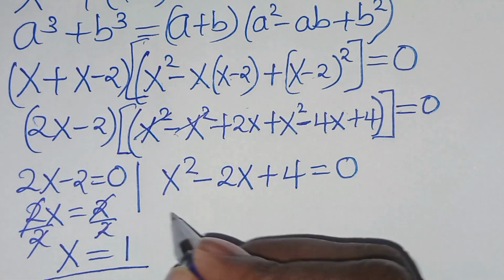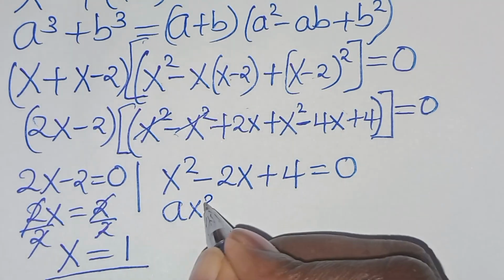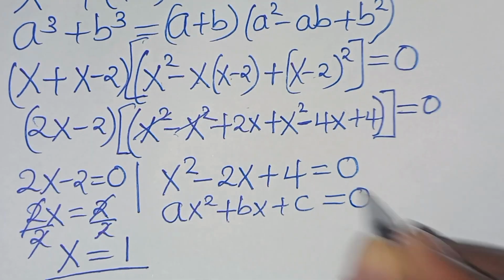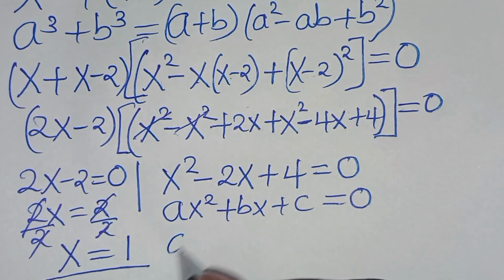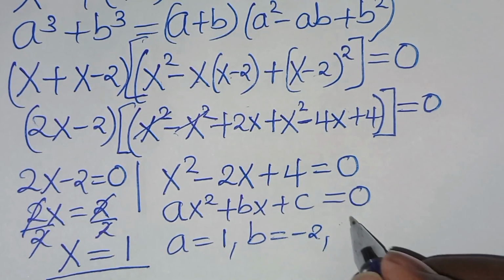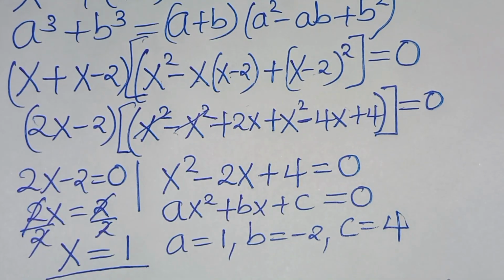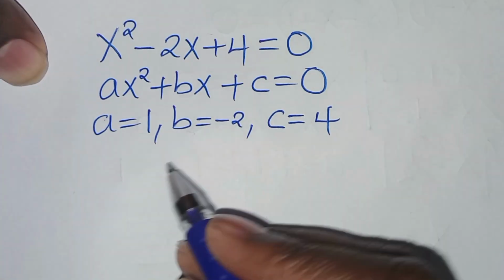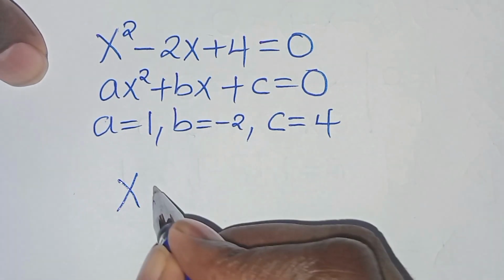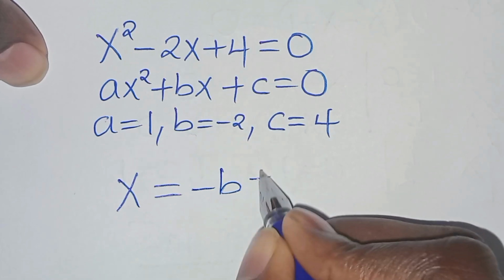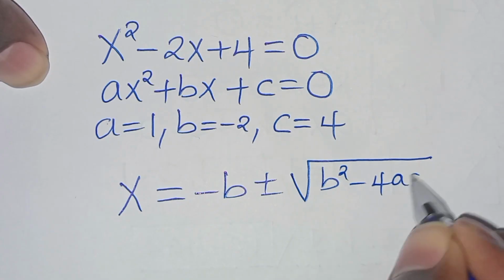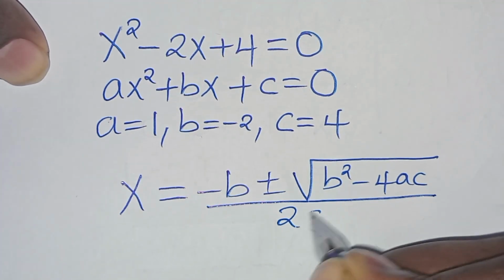The second part is a quadratic equation of the form ax squared plus bx plus c, equal to 0. From this equation, a is equal to 1, b is equal to minus 2, and c is equal to 4. Now to solve for the values of x, we apply the quadratic formula, that is, minus b plus or minus the square root of b squared minus 4ac, over 2 times a.